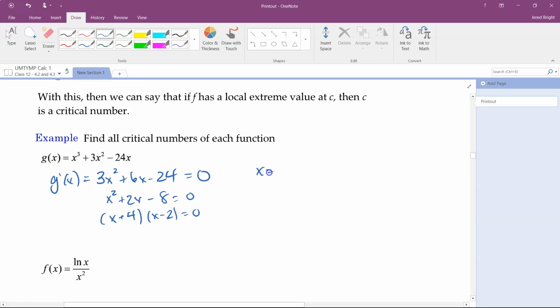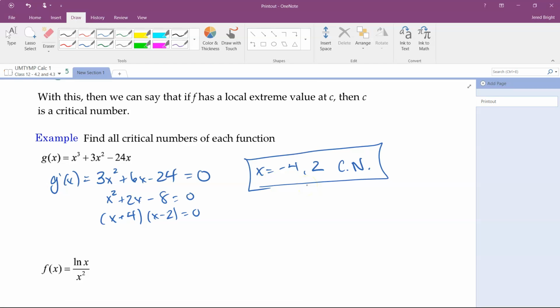So then I have x is equal to negative 4 and positive 2, and these are going to be my critical numbers. Okay, I'm just going to abbreviate for time purposes, but what would happen in this function is at either x is equal to 2 or x is equal to negative 4, I would have a local min, a local max, or a saddle point. So I'd have to figure out which one of the three I have, but at least I know where to look on the graph.